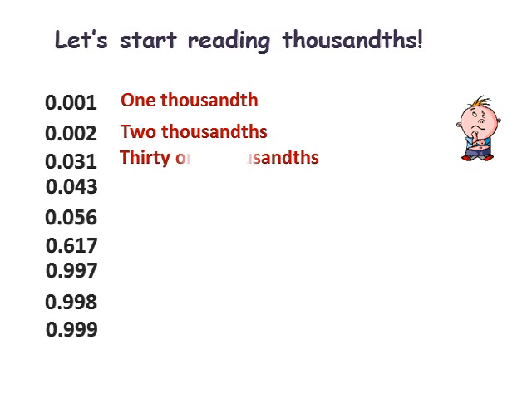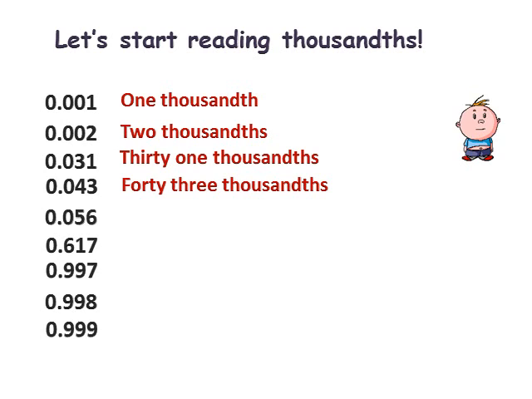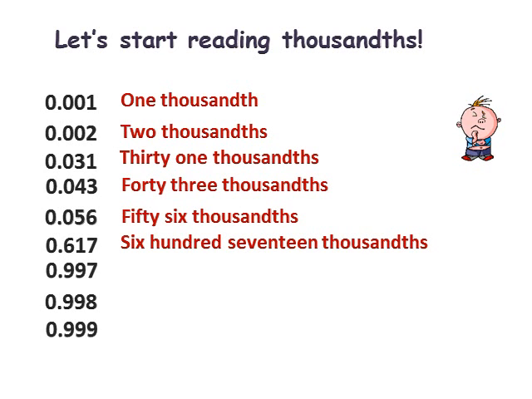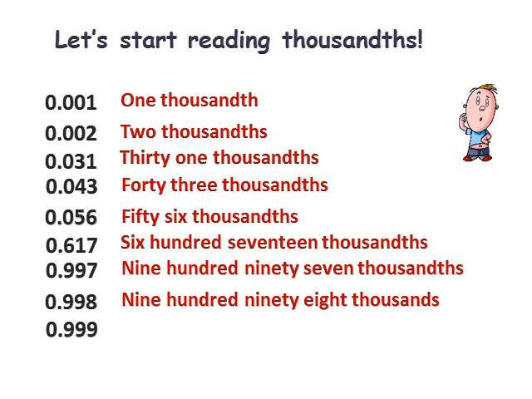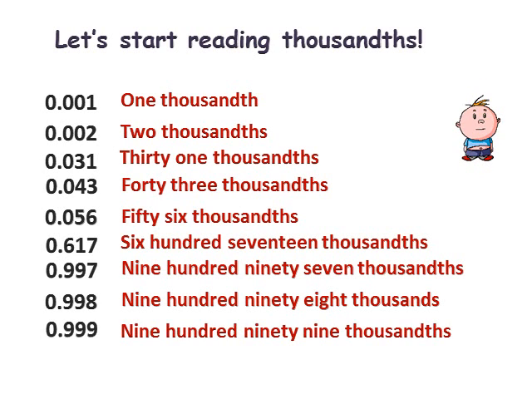Let's read them one by one. 31 thousandths, 43 thousandths, 56 thousandths, 617 thousandths, 997 thousandths, 998 thousandths, 999 thousandths. What do you think is the next one after 999? Since after 999 you have 1,000 already, you'll go back to 1.